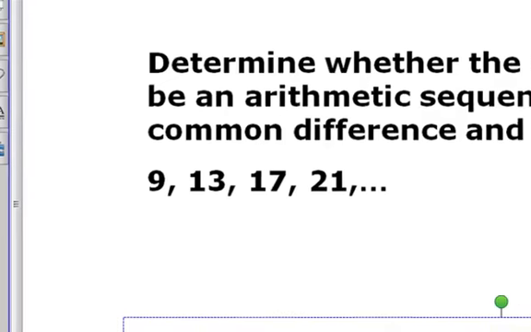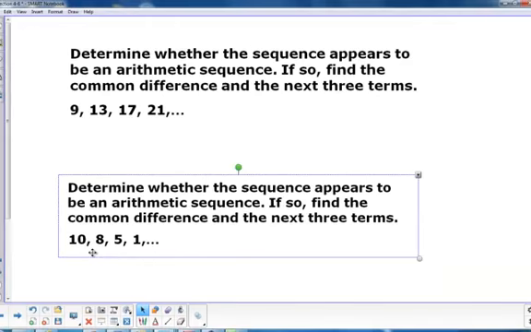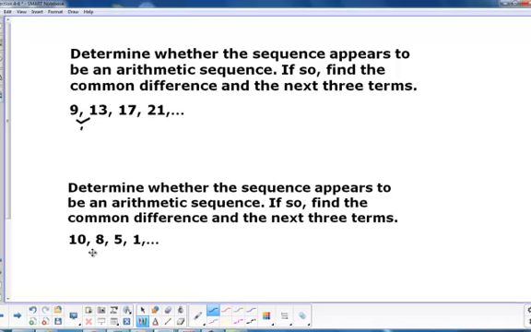So we're going to start off by figuring out if it is arithmetic, which means it's linear, and if there is a common difference. So 9 to 13 is 4, and 13 to 17 is 4, and 17 to 21 is 4.